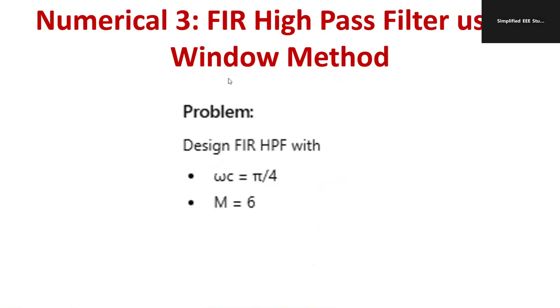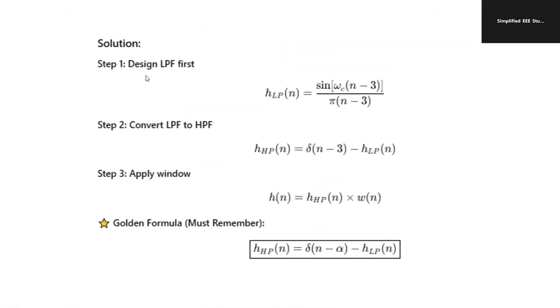FIR high pass filter using window method. Here, FIR HPF with omega c equal to pi by 4, M equal to 6. Step number 1, design the LPF first. Using this formula, you have to calculate h LP of n. Then convert LPF into HPF. What you are supposed to do? Use this conversion: delta of n minus 3 minus h LP of n.